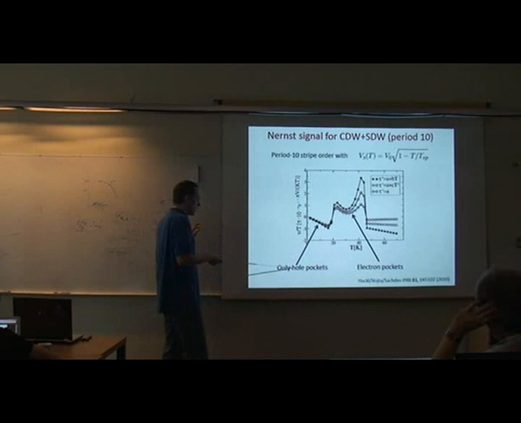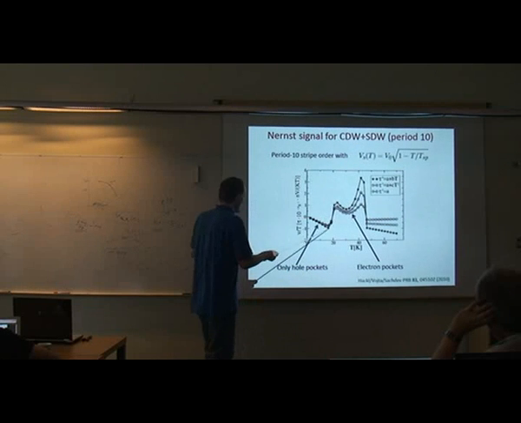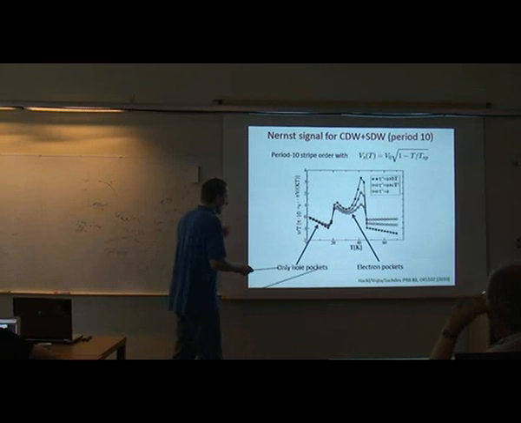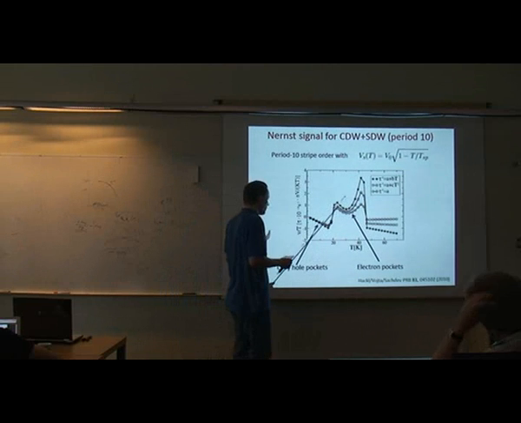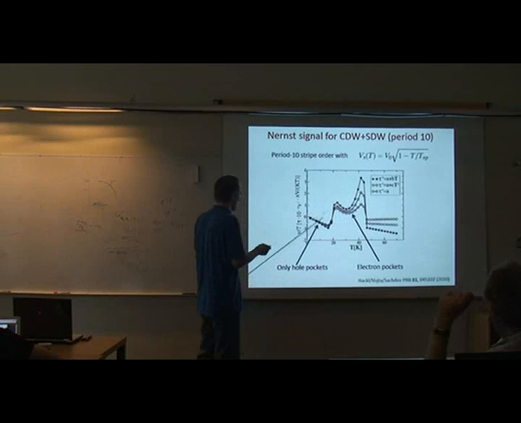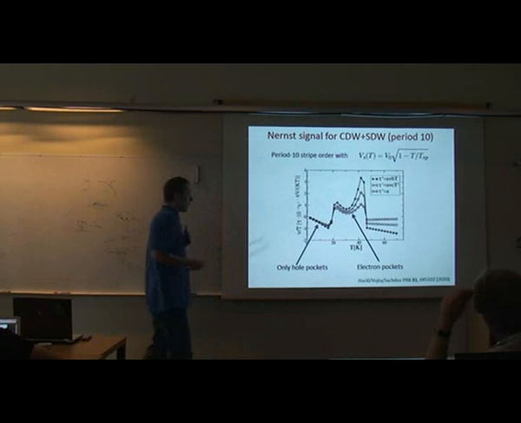You will see that here there are only electron pockets in the Fermi surface, and how the signal turns negative once you have only hole pockets. So in fact, this kind of pattern would not agree with any of those experimental details. That's why I'm showing this.